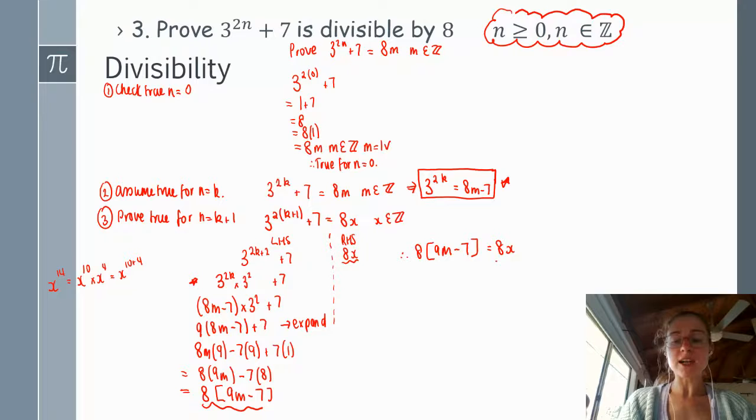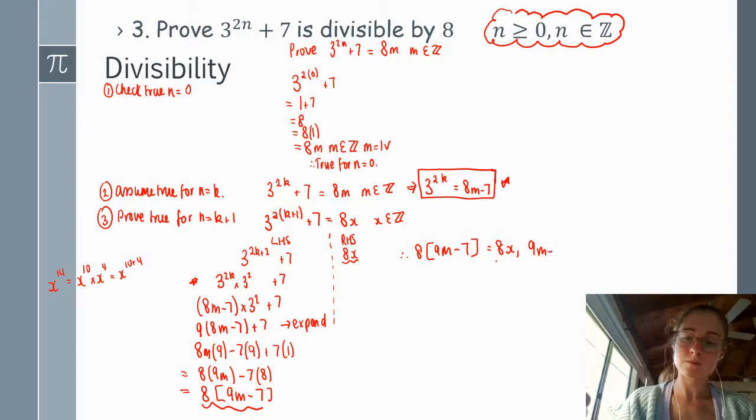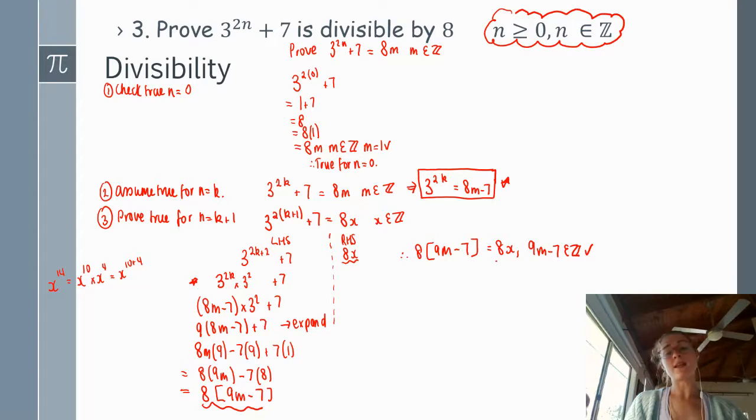We've just got to check that my 9m minus 7 is within Z. So 9m is an integer, minus 7 is an integer, that is within Z. Okay, so I've just proven the left-hand side can take the form of the right-hand side, and therefore my step 4, I'll just put it here. Obviously, your work is a lot neater than mine.